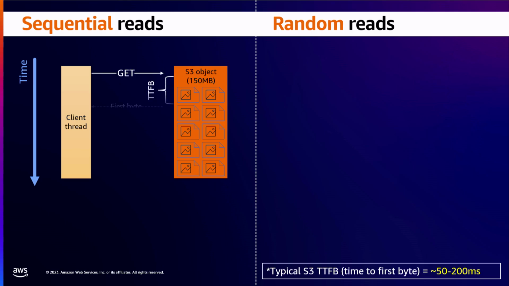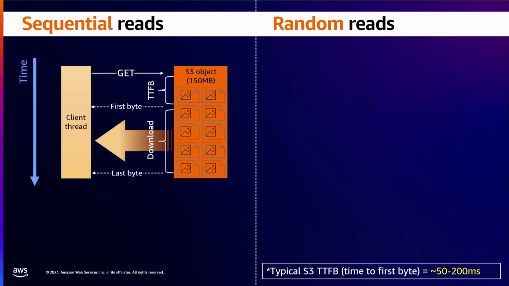So we start getting data from S3 by firing the GET request. But until we get the first byte back, it takes some time. This time is usually called time to first byte latency. But after we have gotten this first byte back, we start downloading our data samples in bulk, and let's say it takes only 1 second to do so.